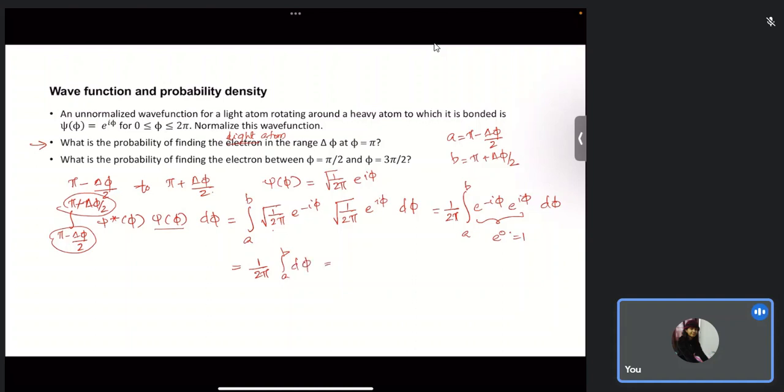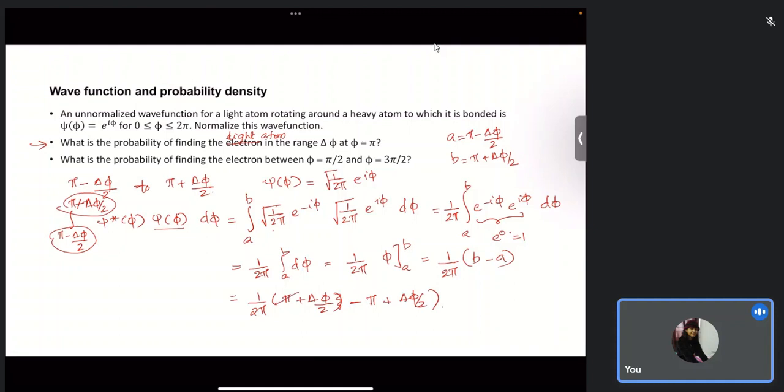So 1 by 2 pi, integral of d phi from a to b, which gives b minus a. We know that b is pi plus delta phi by 2, minus a, which is pi minus delta phi by 2, so minus pi, and minus of minus delta phi by 2 is plus delta phi by 2.